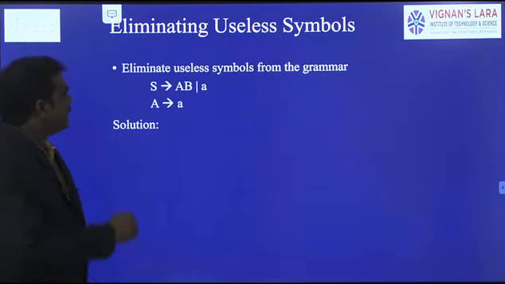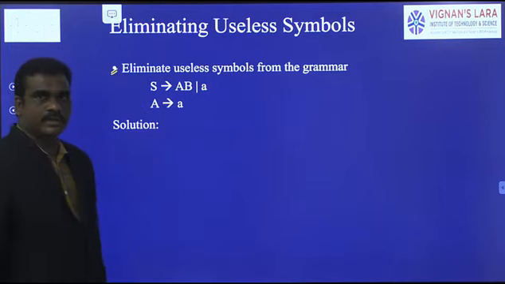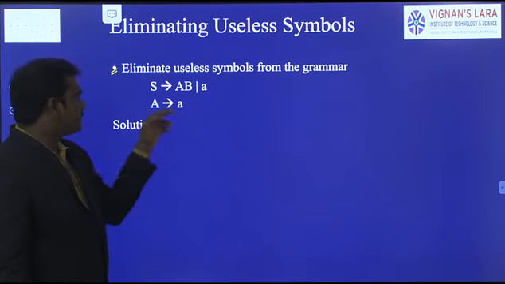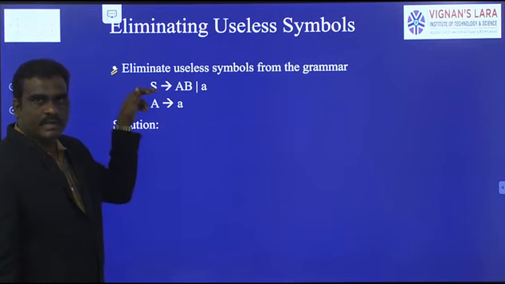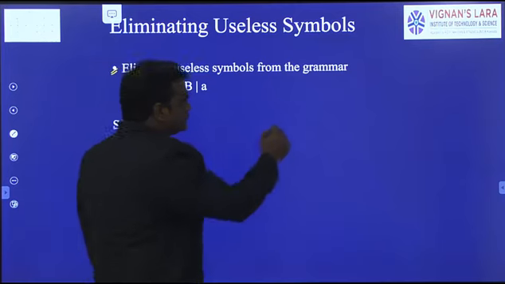Here the problem is to eliminate useless symbols from the grammar. The grammar contains productions for S and A, so we have a total of 2 rules.